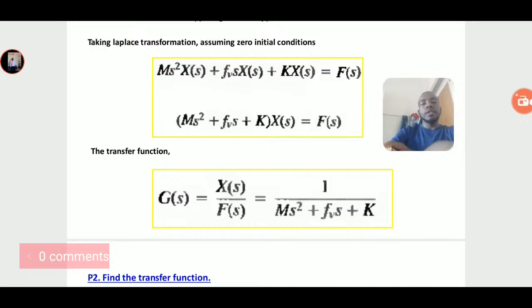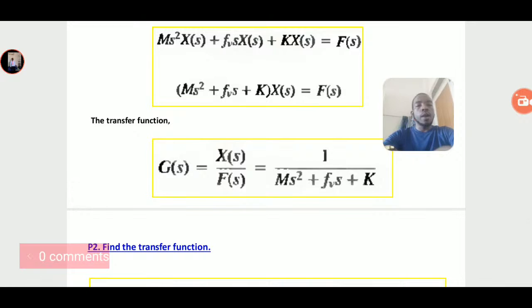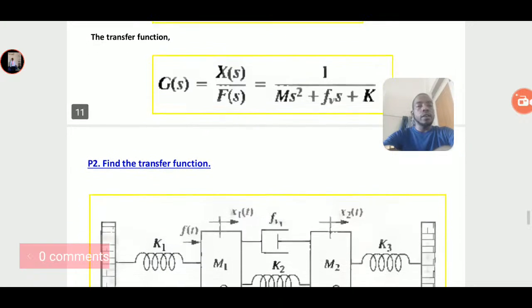That means G of s is equal to X of s over F of s, where G of s is the transfer function, X of s is the displacement, which is the output, and F of s is the applied force, which is the input. So we get 1 over m s square plus fv s plus k. This is the final transfer function of the given system.